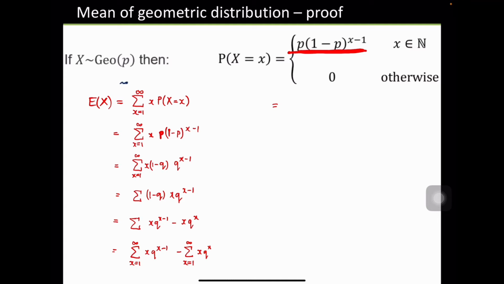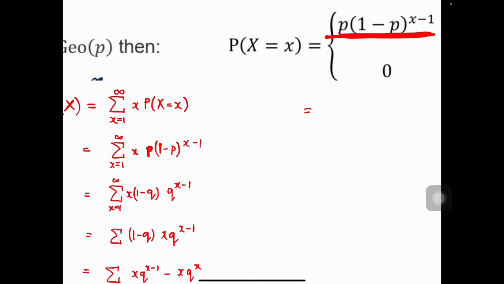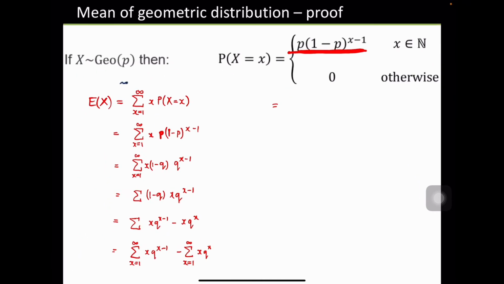So now, continuing with the proof, I'm going to change my limits slightly, my index, sorry. So I'm going to change it from x equals 1 to x equals 0, and the infinity stays the same. But now that I've changed that, I need to change the values to the right of the summation as well. So here we have an x, and since we start at x equals 1, we want our first value there to be 1, right?